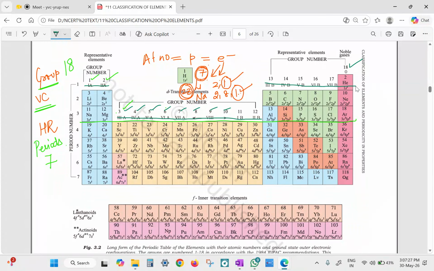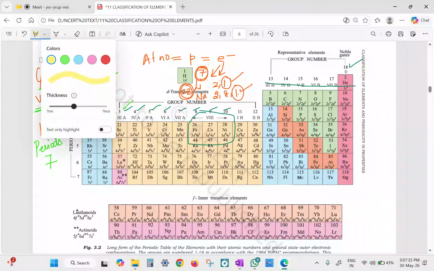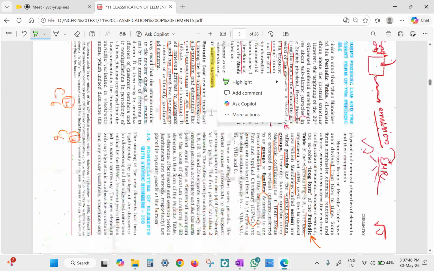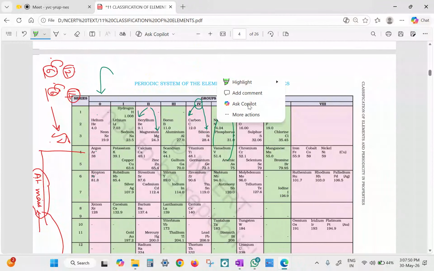But in the modern periodic table, the nomenclature of 1A, 2A, 3A, etc. is removed completely. You can see group 8, iron, cobalt, nickel. At least highlight these 3 and I'll show you where they are. Look at these 3: iron, cobalt, and nickel. They are present in group 8 in the old periodic table, right? Yes. This is from Mendeleev's classification.